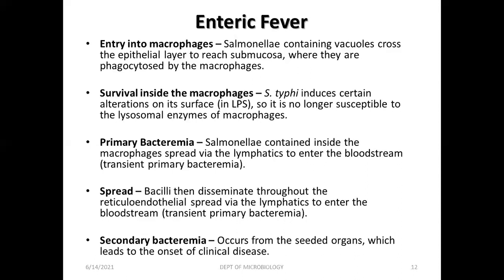They spread via lymphatics, and from lymphatics they can enter into the bloodstream, causing primary bacteremia. Secondary bacteremia occurs from seeded organs, which leads to the onset of clinical disease. Okay, so this is the pathogenesis of Salmonella.